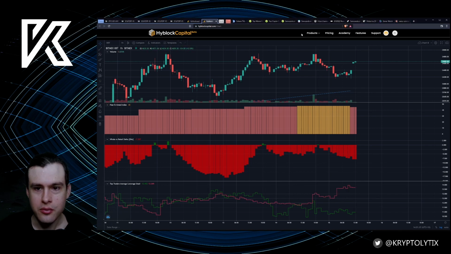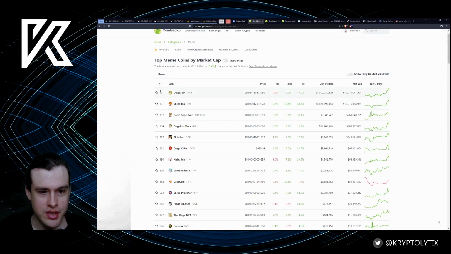So, elephant in the room. For some reason, and I don't usually talk about stuff like this, but I figure, hey, why not? In the last 24 hours, Shiba Inu has gone absolutely bonkers. It's put in 36.8% gains over the last 24 hours, which is pretty crazy. And it's still gone up a little bit in the last hour as well, which is nuts.